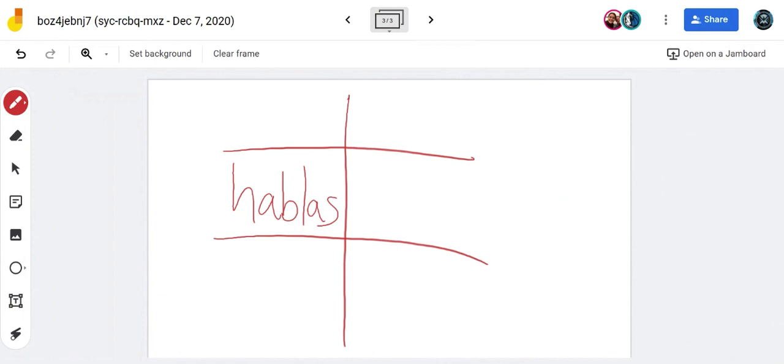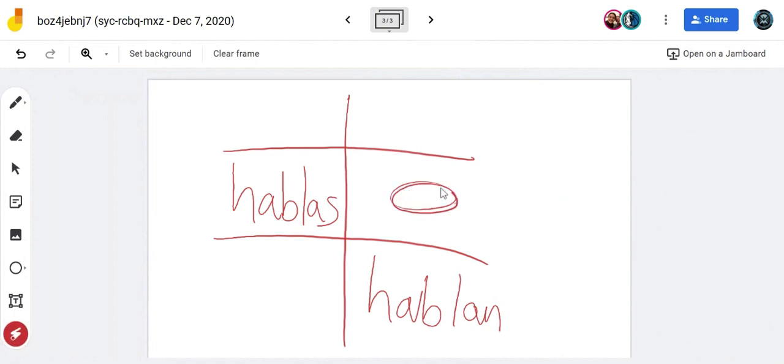Goes in this box right here. Goes in this box right here. Okay. And what about just in Spain, you all talk? Goes in this box right here.